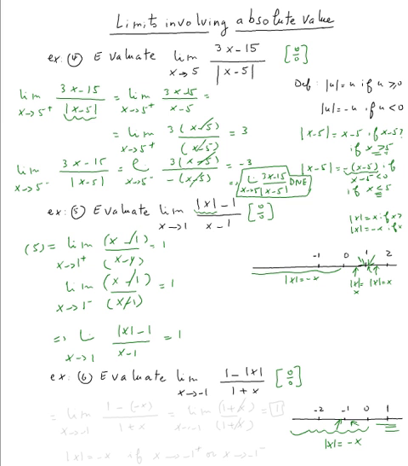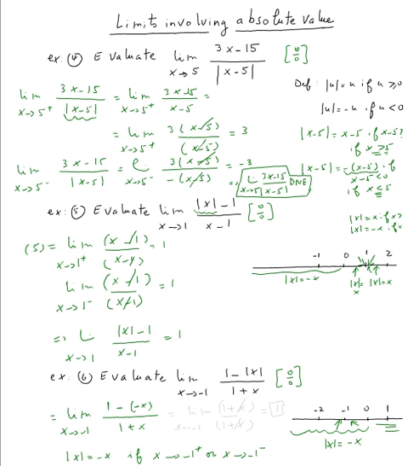So therefore, this is equal to the limit of 1 minus, now the absolute value of x is equal to negative x, over 1 plus x as x approaches negative 1. It doesn't matter whether I'm coming from the right side or left side. The absolute value of x is equal to minus x if x approaches negative 1 from the right or from the left.